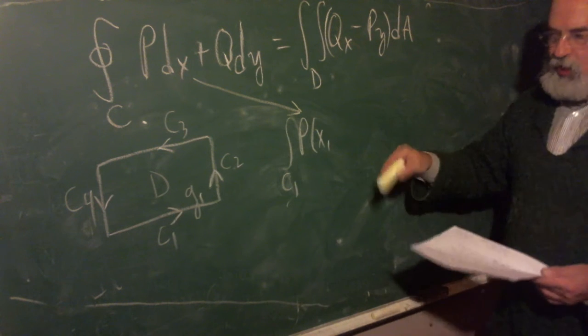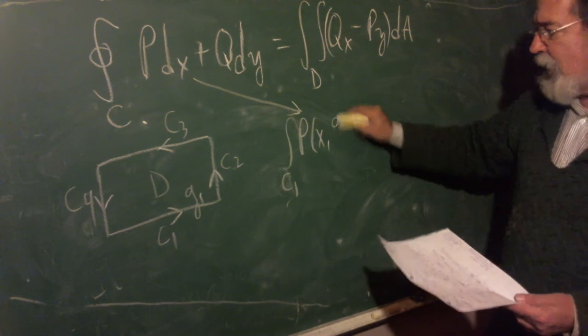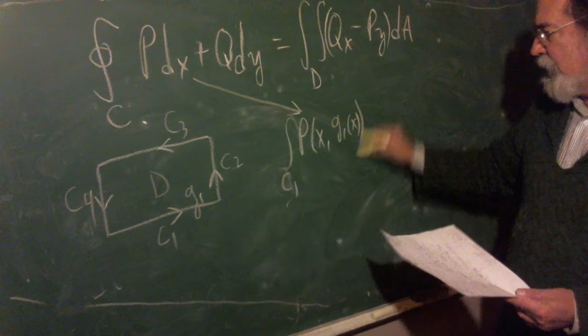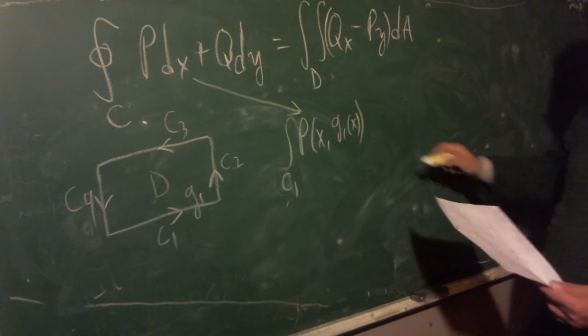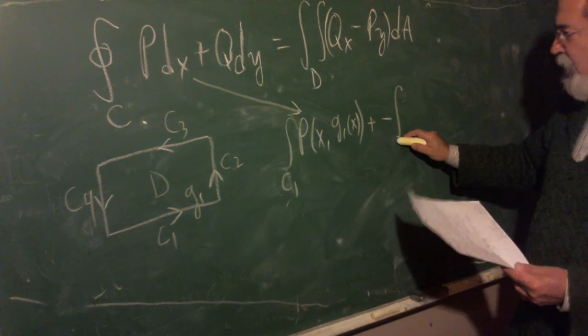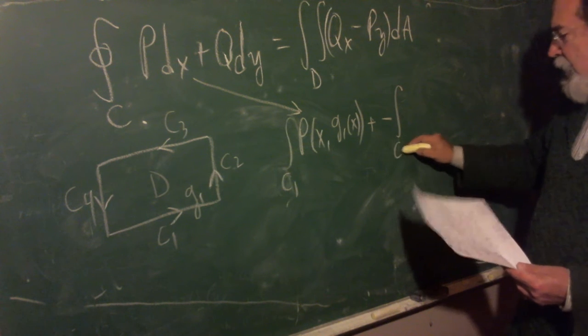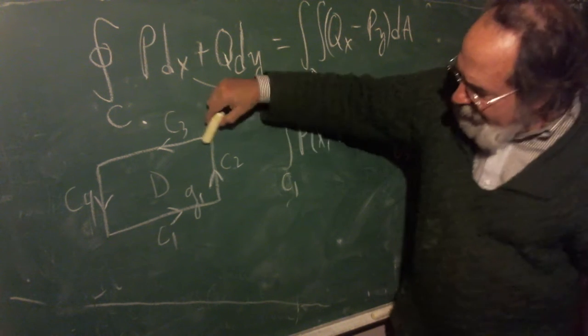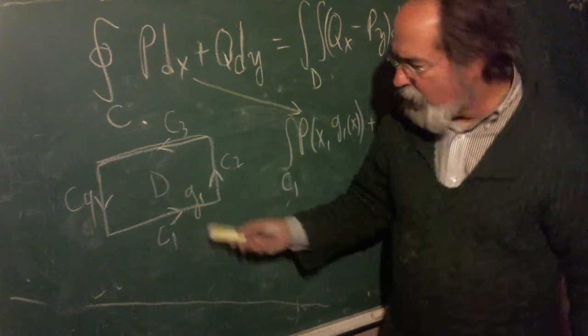So the curve for C1 is G1. So it's P of x comma G1 of x, plus, and there's going to be a negative here for the C3, because I'm going against the orientation of the number line.